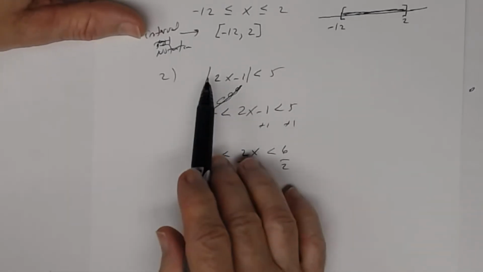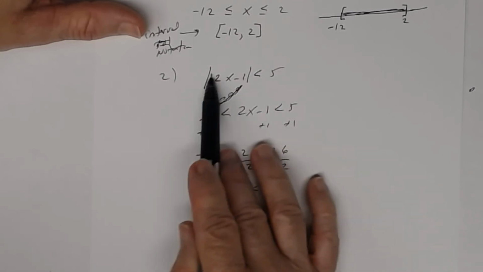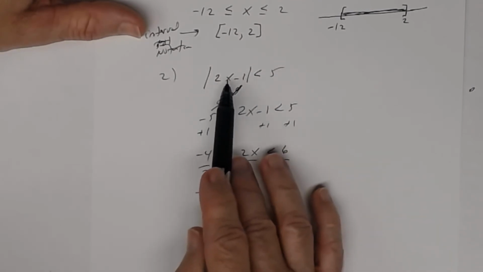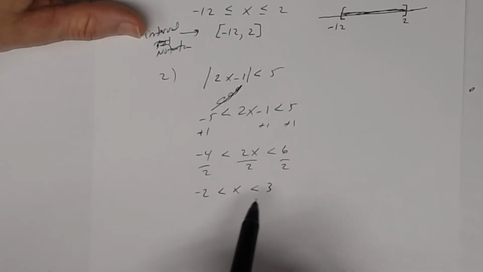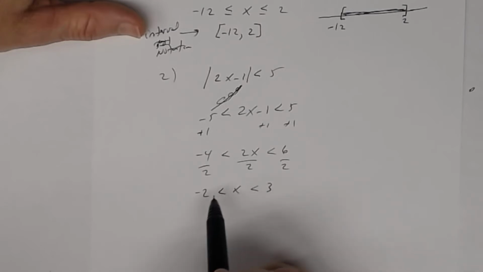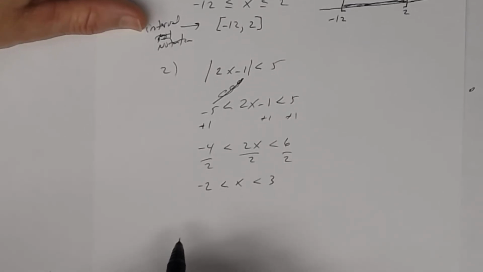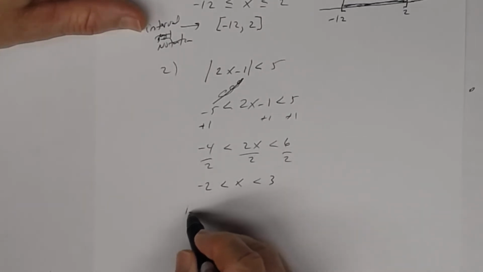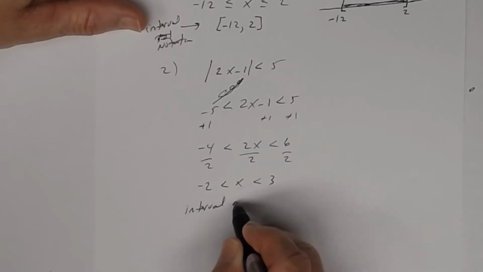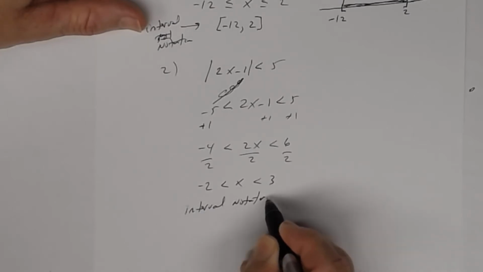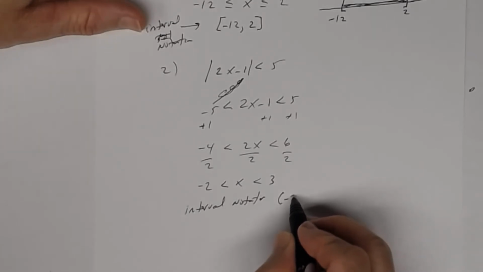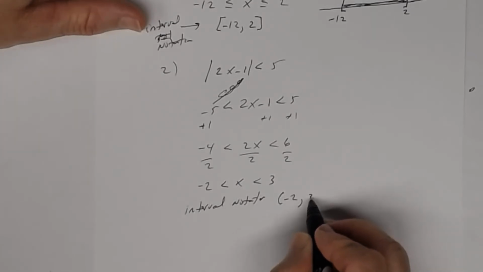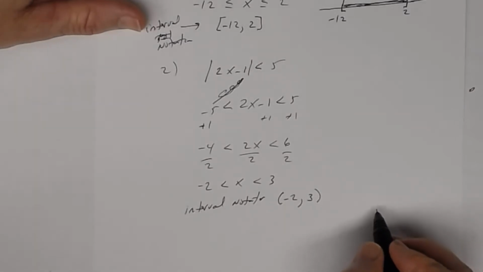So the solutions to this inequality, the numbers for x that will make this less than 5, will be any real number between negative 2 and 3. So in interval notation, no equal sign, so you're going to use parentheses: negative 2, 3.